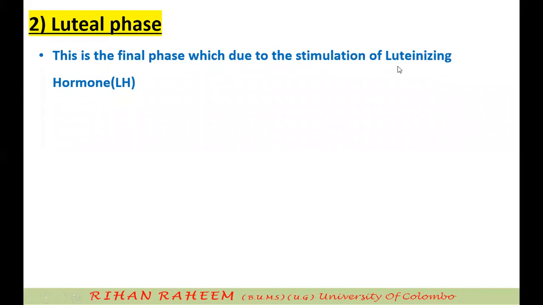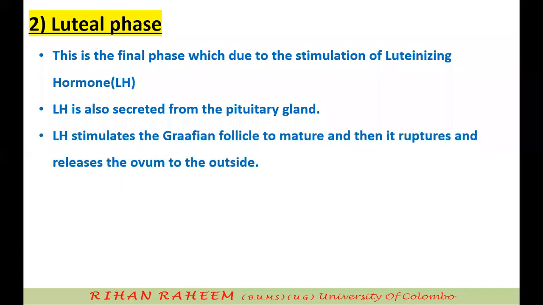It is stimulated by the luteinizing hormone. So the names are very common. The luteal phase is stimulated by the luteinizing hormone. Luteinizing hormone is also released by the pituitary gland. So in the first 14 days, the pituitary gland releases FSH hormone. In the second 14 days, the pituitary gland releases luteinizing hormone. Then the luteinizing hormone will travel through the blood and come to the ovary and help the second cycle.